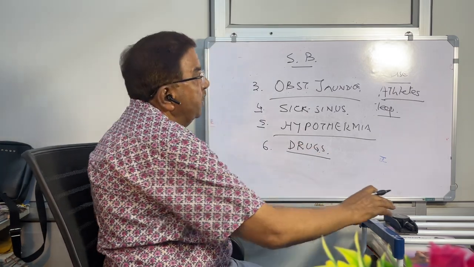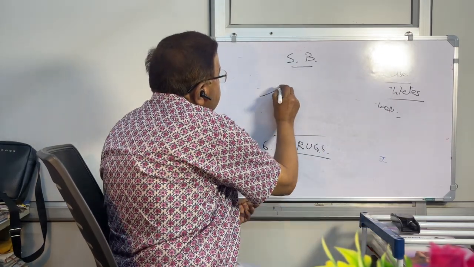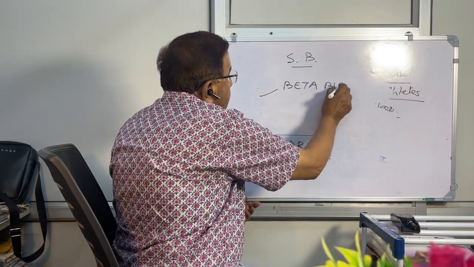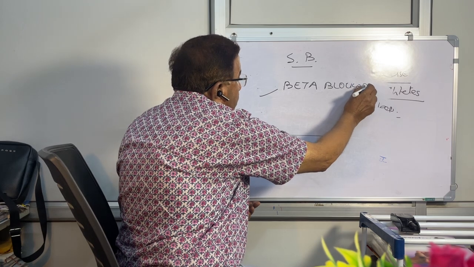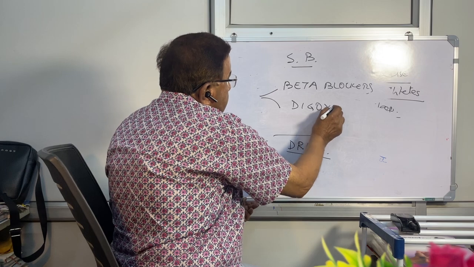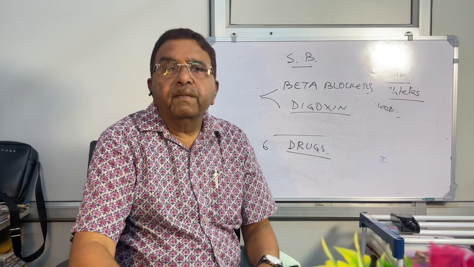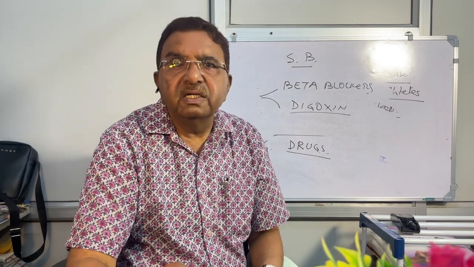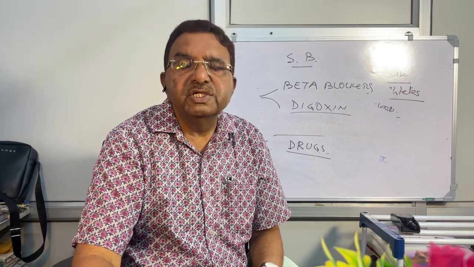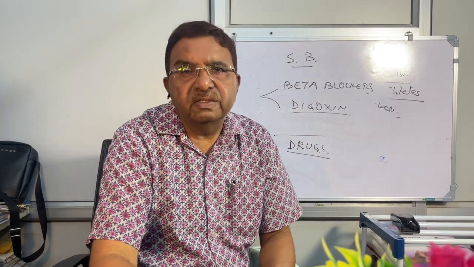As you know, various drugs like beta blockers, metoprolol, propranolol, atenolol, etc. Then digoxin. These beta blockers are used for hypertension and for coronary artery disease patients, and digoxin is used for patients of congestive heart failure having atrial fibrillation.